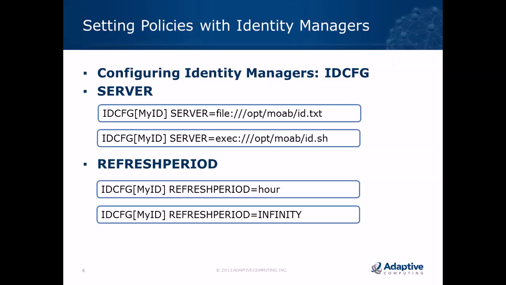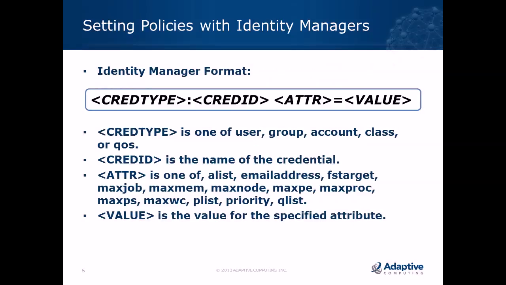If you want, you can set it to infinity, and then it never refreshes, and you can just do it manually from the command line. Or you can tell Moab to go out and query that file or query that script once an hour, once a day, once a week. And then Moab will pull that information in without restarting, update its internal counters and variables, and continue scheduling.